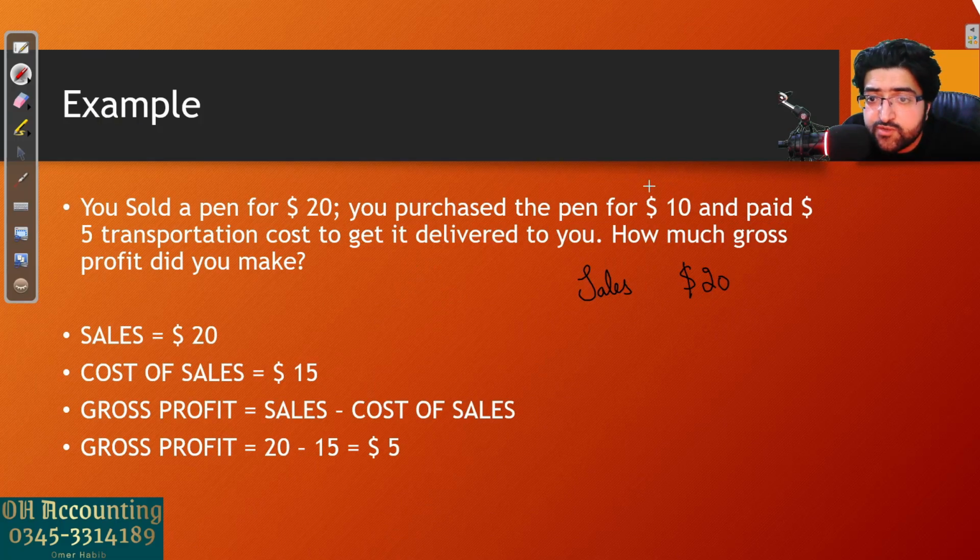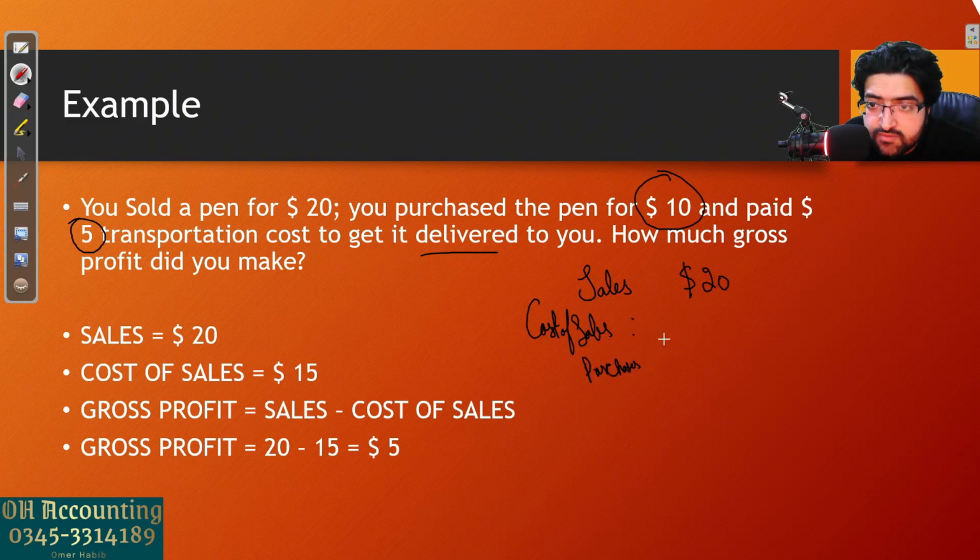First of all, purchases is an expense because you use your money to buy this. And then you also paid $5 on the transportation cost to get it delivered to you. So the total cost of sales in this case would be, we have only two things. We have no opening inventory, no closing inventory, nothing like that. So purchases, which were worth 10, and then carriage inwards. The transportation cost is called carriage inwards.